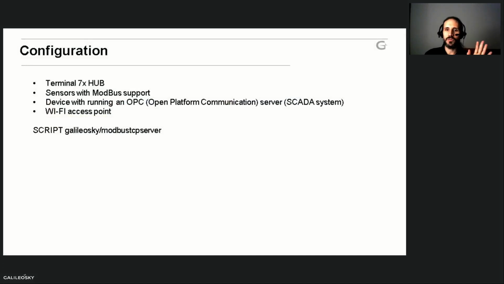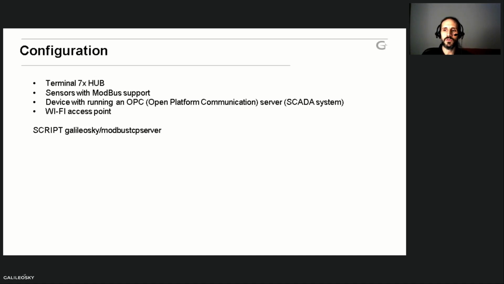The configuration that we need for this kind of operation is a 7x hub, right? This 7x hub has the Wi-Fi connection, so we need this kind of connection to work with it. We need a sensor with Modbus support to connect to the device.